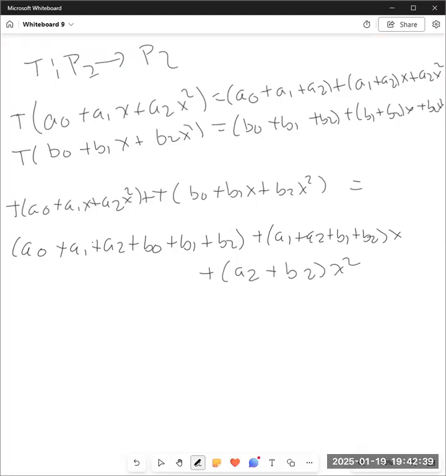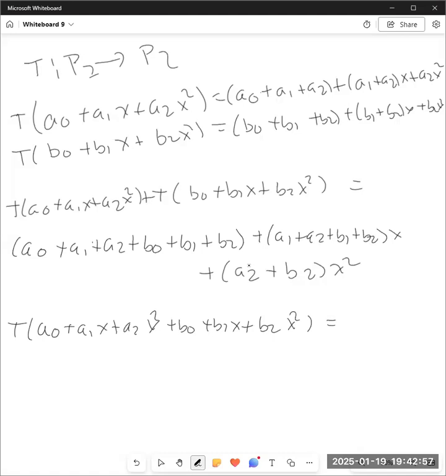And let's see what T of a0 plus a1x plus a2x squared plus b0 plus b1x plus b2x squared would be.